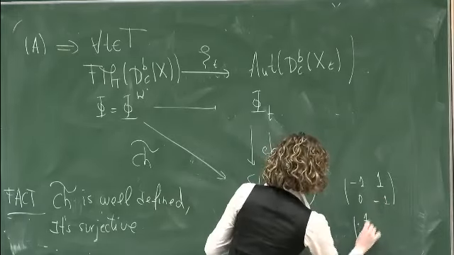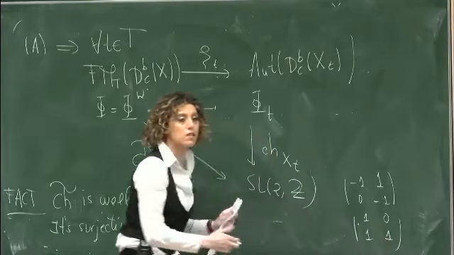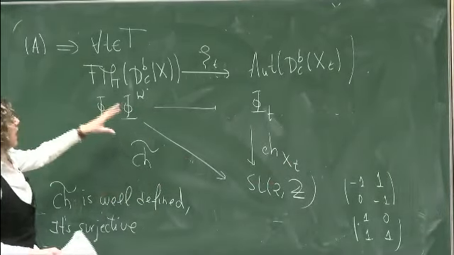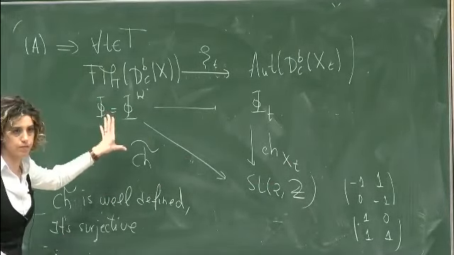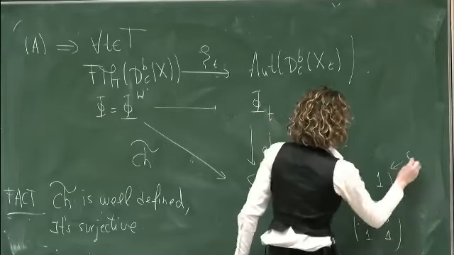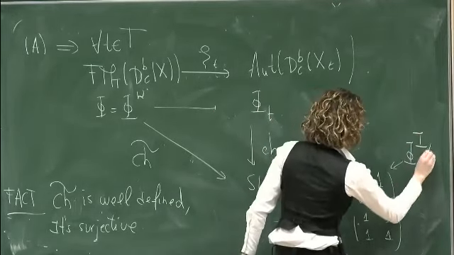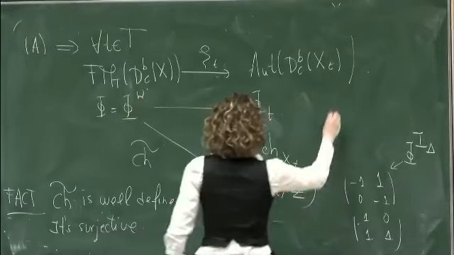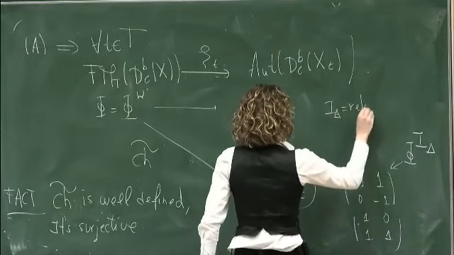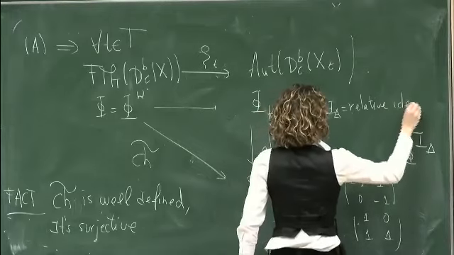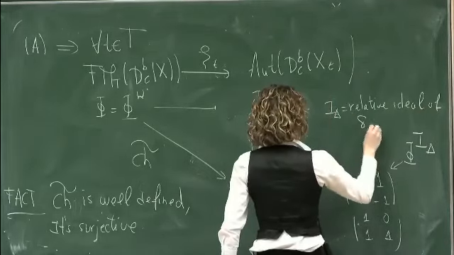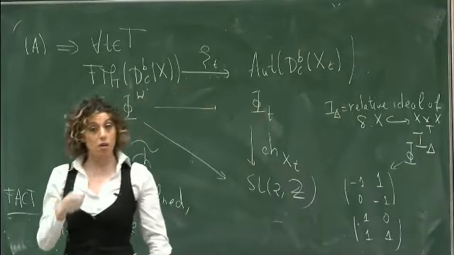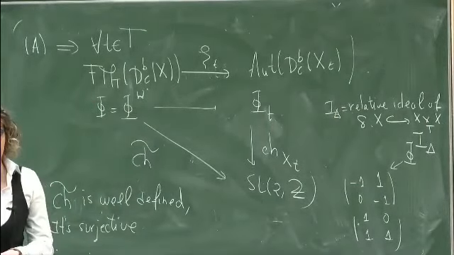These two matrices generate this special linear group, and they both come from Fourier-Mukai functors that are relative. Okay, this comes from the Fourier-Mukai functor of the ideal of the diagonal that Dario told us. This is the relative ideal of the diagonal embedding, that is proved to be an equivalence because of result A, okay?